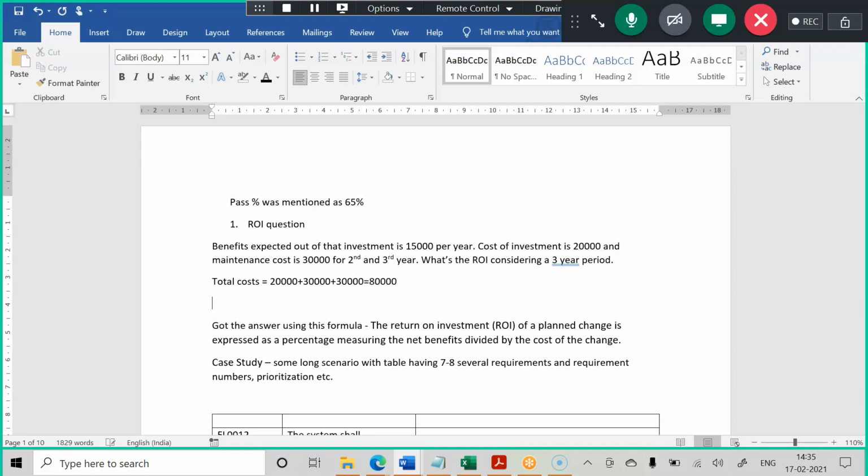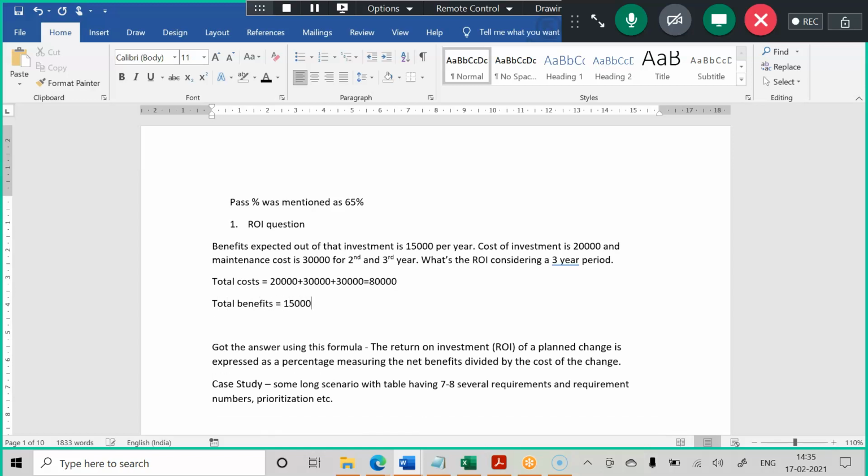Then you have total benefits, that's equivalent to 15,000. Then you have total cost minus total benefits will give you the net benefits, right? Net benefits is equal to total costs minus total benefits.